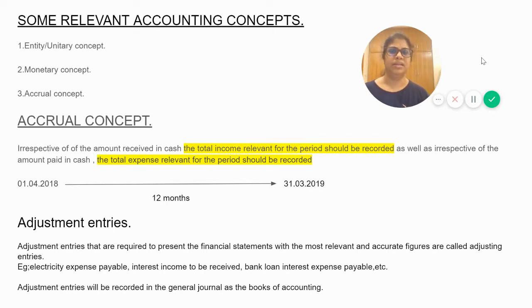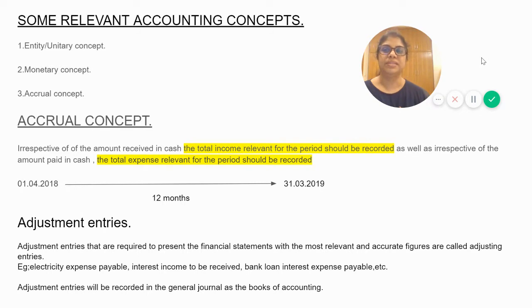According to my knowledge, a few very simple concepts will help you get a better understanding of these adjustment entries and financial statements. We have already covered these concepts and used them in the previous lesson. Let's see what they are.